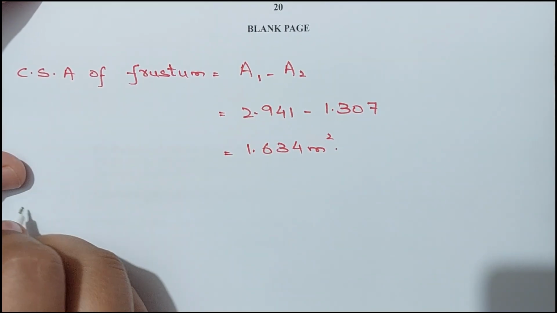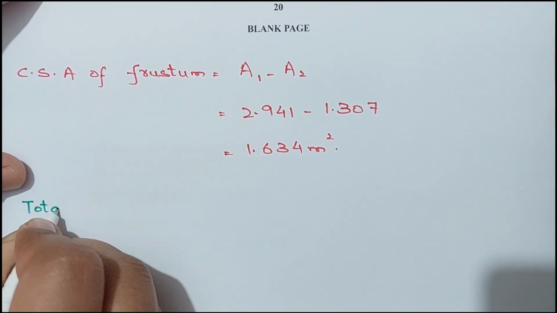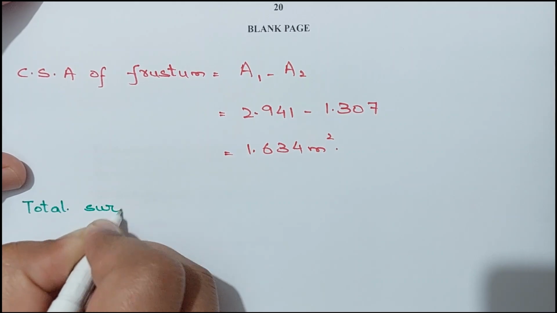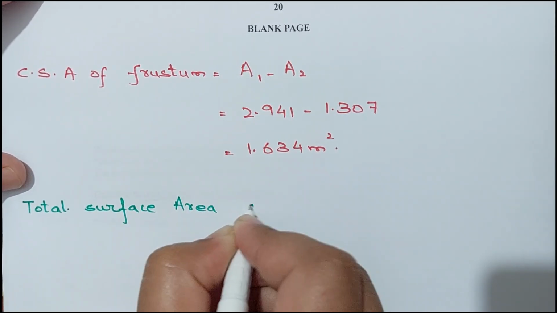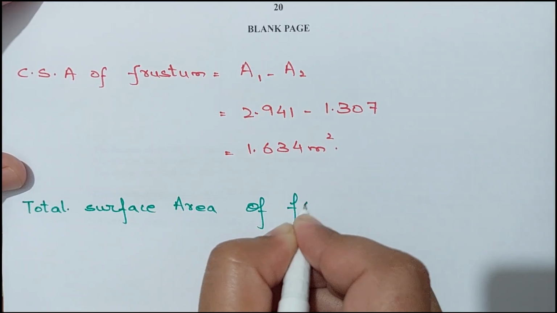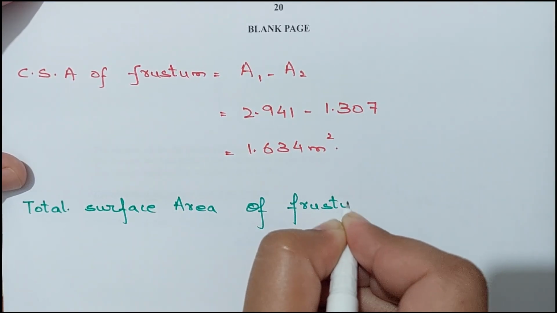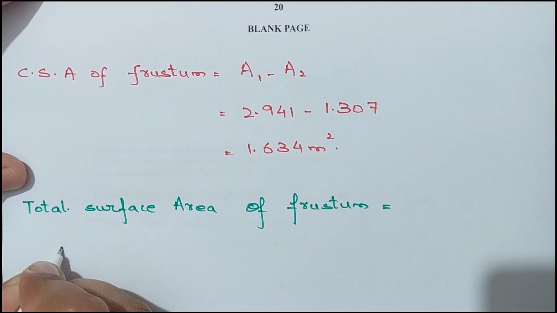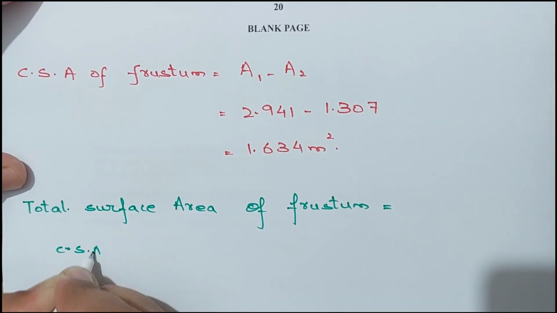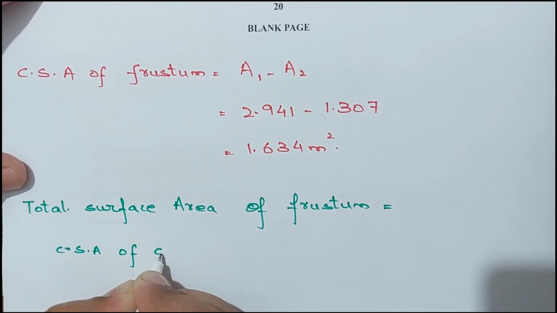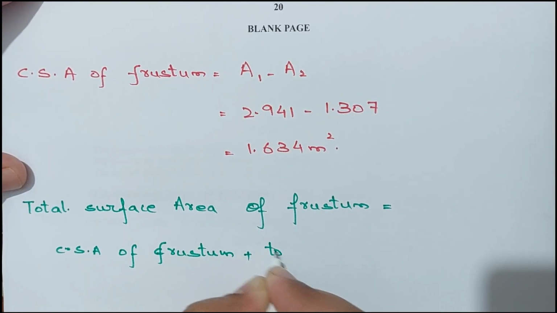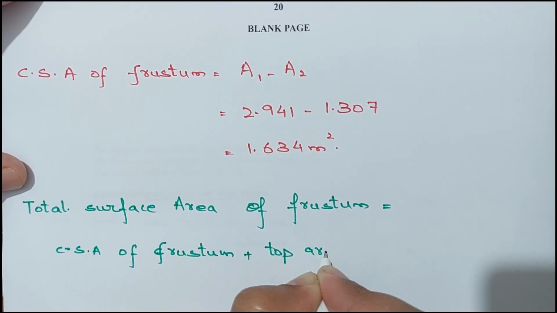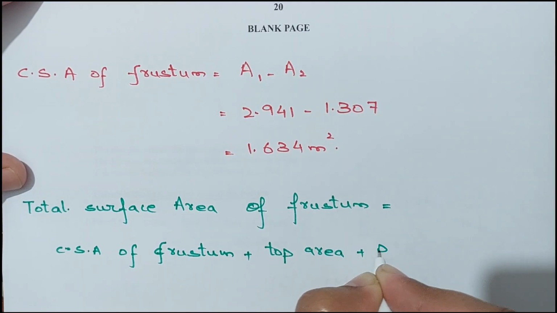So we can say total surface area of the frustum is equal to curved surface area of the frustum plus top area plus bottom area.